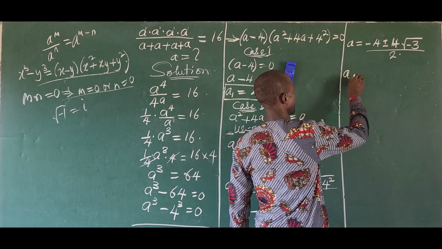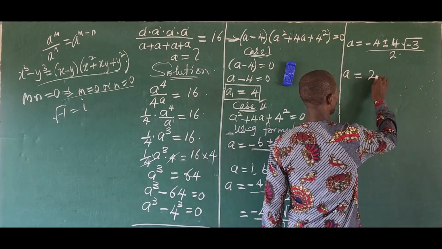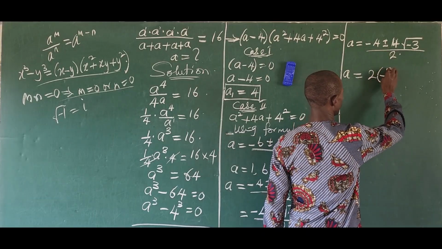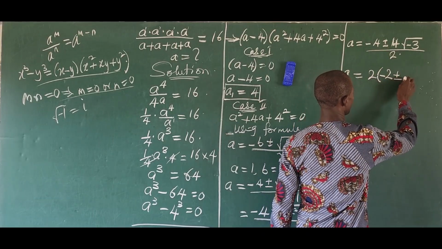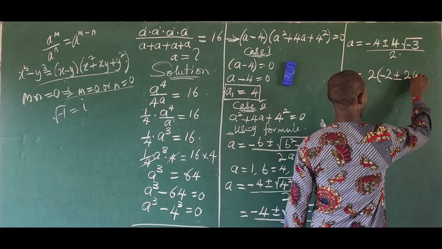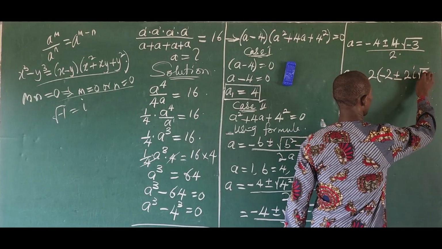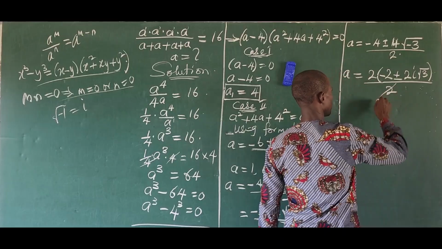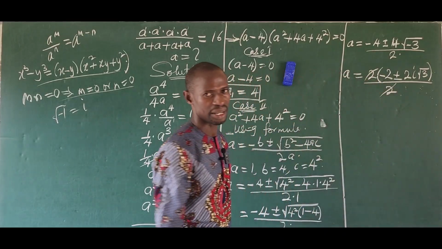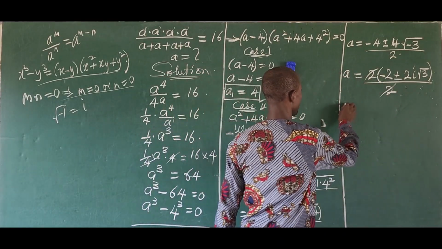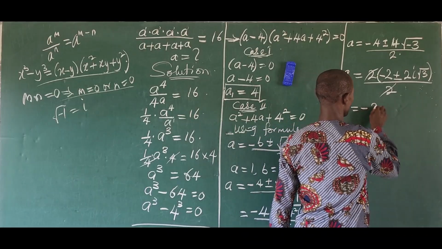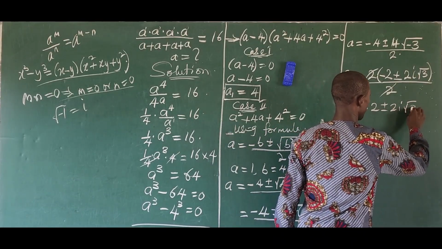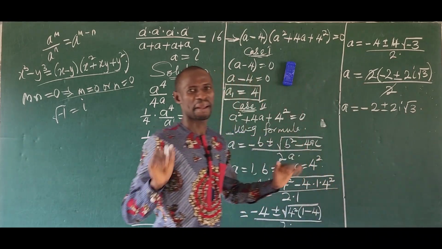So this is going to give us A is equal to 2 into minus 4 will give us minus 2, plus or minus 2 iota root 3, close bracket, all over 2. So this and this can leave the system. We end up having A is equal to minus 2 plus or minus 2 iota root 3. Easy.